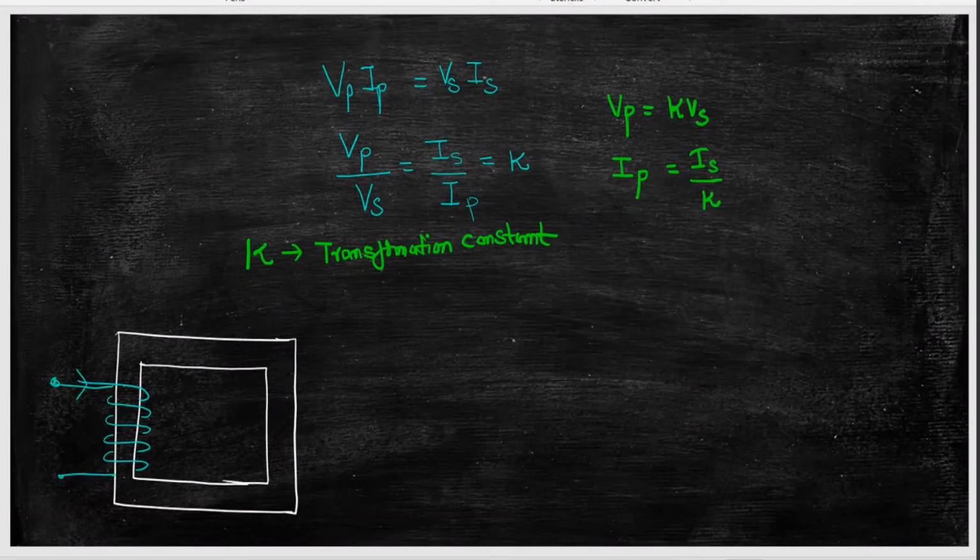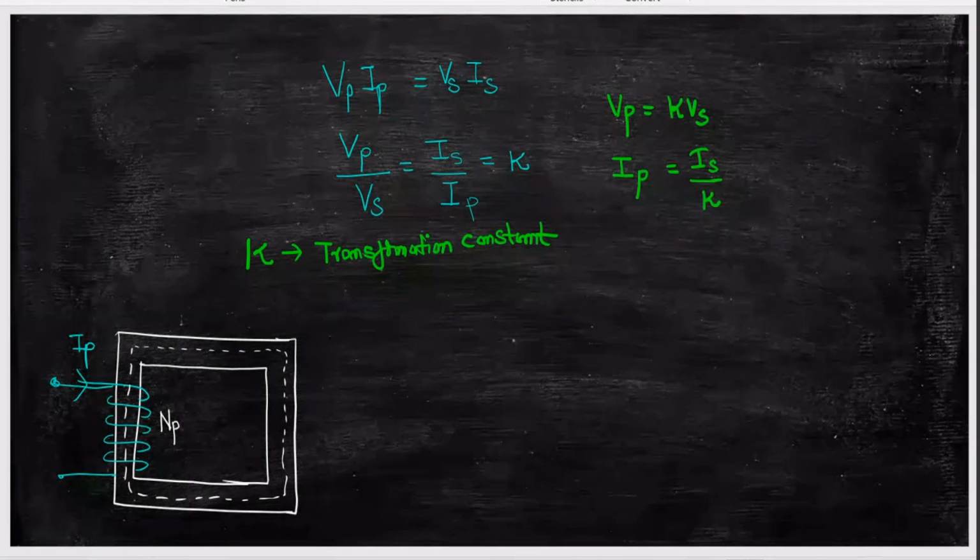When I start flowing current on this primary side, some flux is created, and the same flux is linking with the secondary side winding. Let N1 be the number of turns, or Np, the number of turns on the primary side.